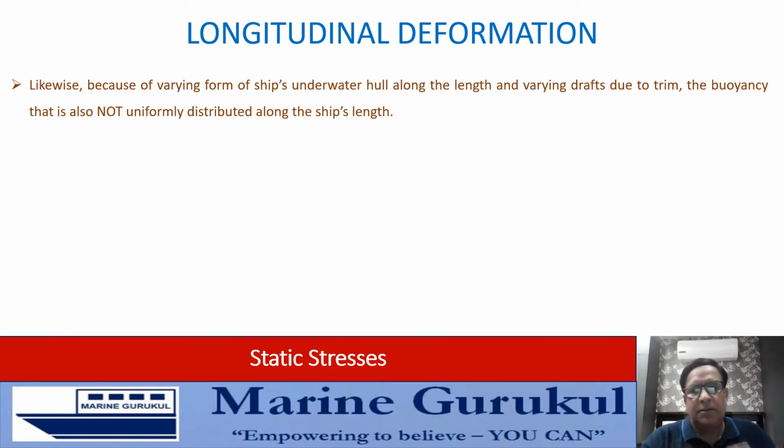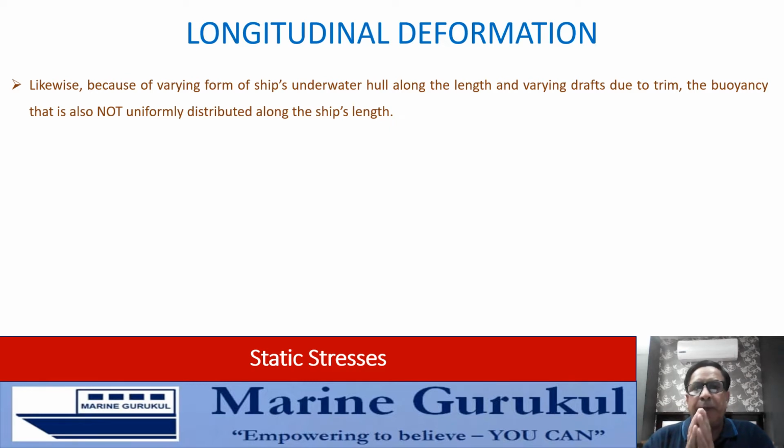The after part has a different structure, and there is also a parallel middle body. That means the contribution of the water displaced, providing buoyancy to the vessel, is going to be more from the parallel middle body compared to the two ends.